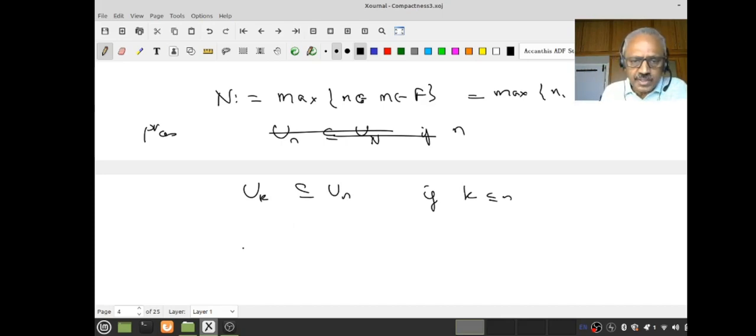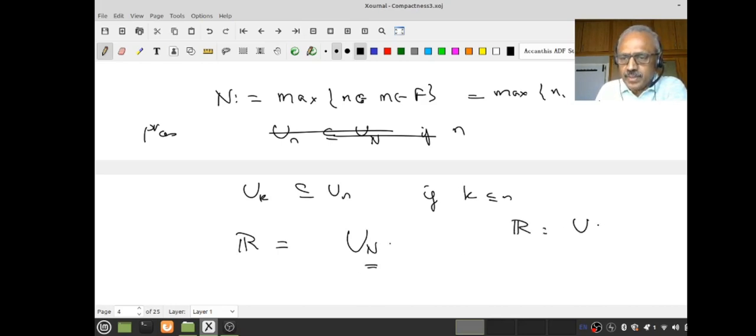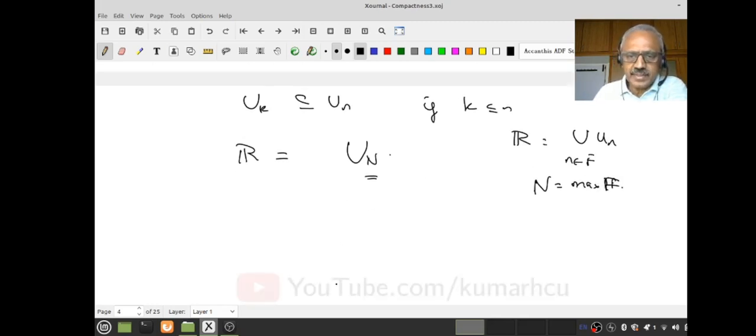Therefore in particular I will get R equal to the union of U_n, n in F, and capital N is the maximum of F. Then this is what I get.